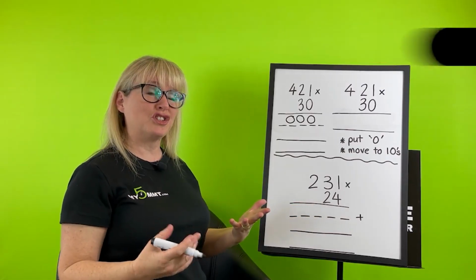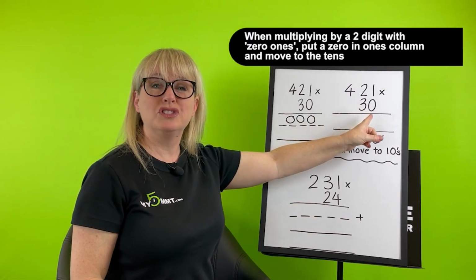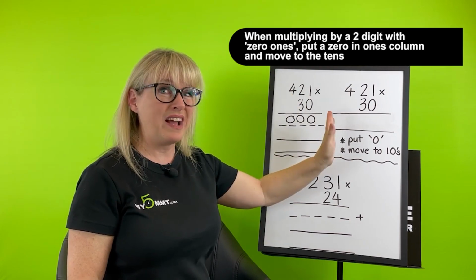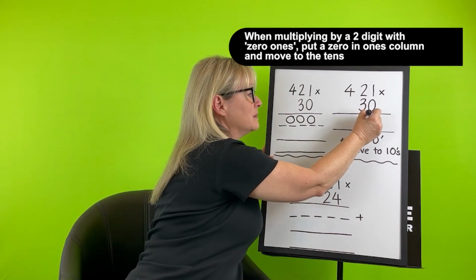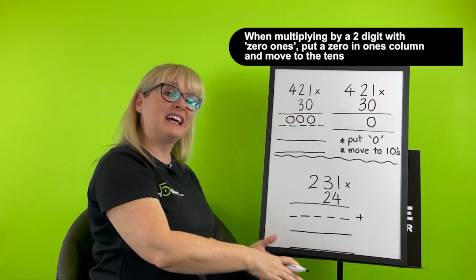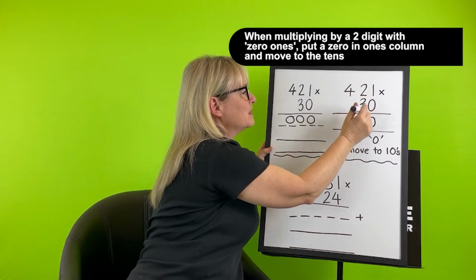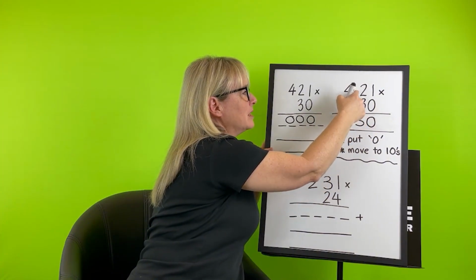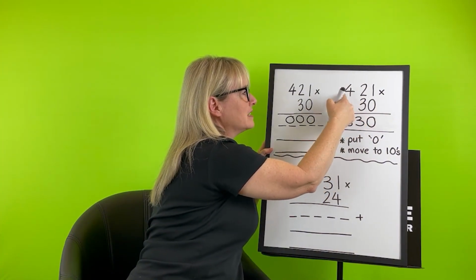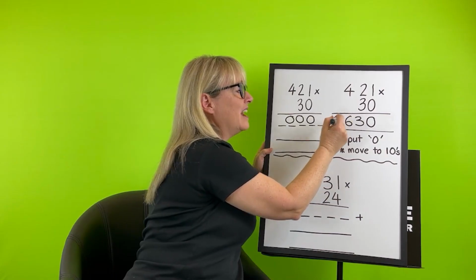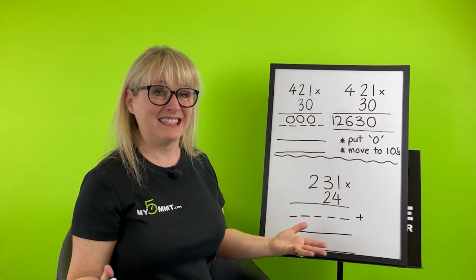So to be more efficient, when I'm multiplying by a 2-digit number that's got 0 ones, I can represent 0 ones by putting that here, and that allows me now to move to the tens. So now I'm saying 3 times the 1 is 3, and 3 times the 2 is 6, and 3 times the 4 is 12. And very quickly I can get my answer.